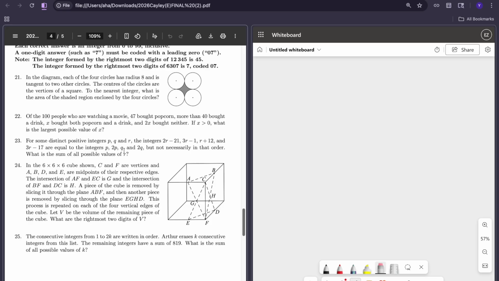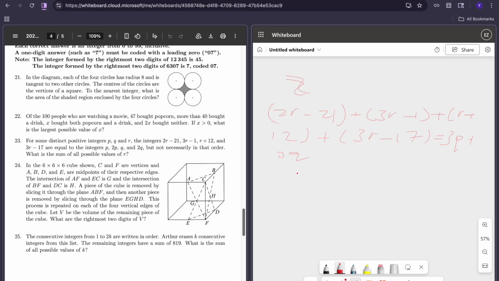So, first of all, we observe p, q, and r are integers. The sum of 2r minus 21, 3r minus 1, r plus 12, and 3r minus 17 is equal to the sum of p plus 2p plus q plus 2q, which means 3p plus 3q.